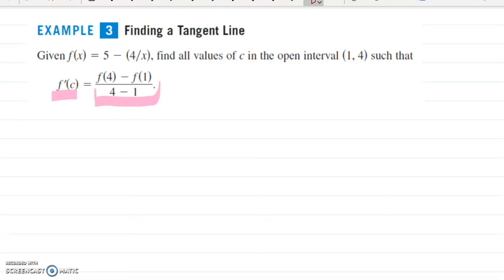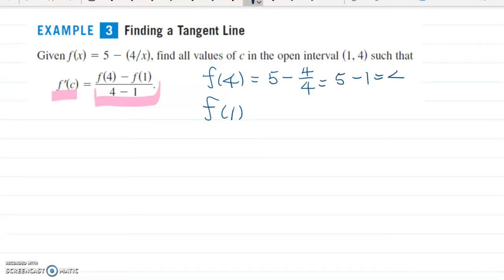So now the first step is we can find the secant line slope using the given information. Therefore, we need to find f(4) and then f(1) first. So f(4) becomes 5 minus 4 over 4, equal to 5 minus 1, equal to 4.